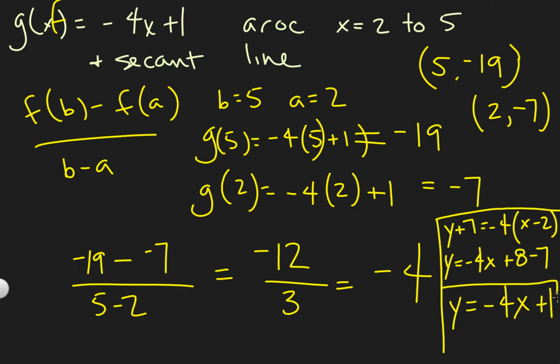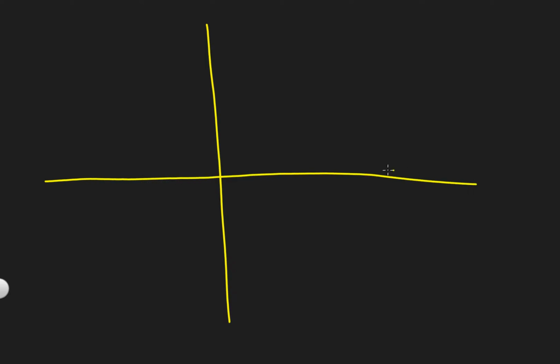Now, what's going on here? So I've got g of x equal to negative 4x plus 1, and y equal to negative 4x plus 1 is the secant line. So what's happening? This actually makes sense because g of x is a line.